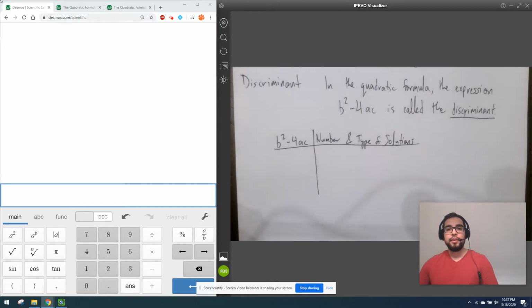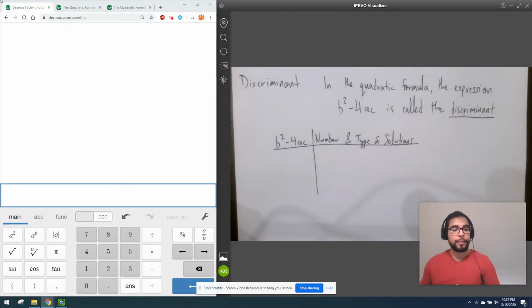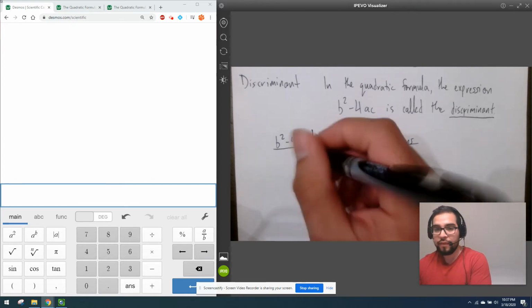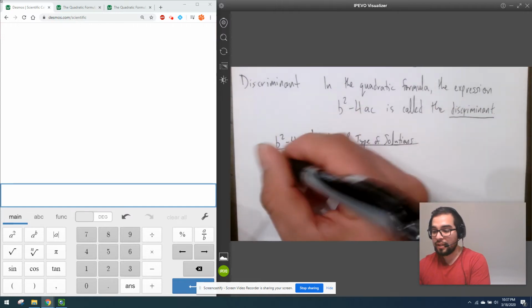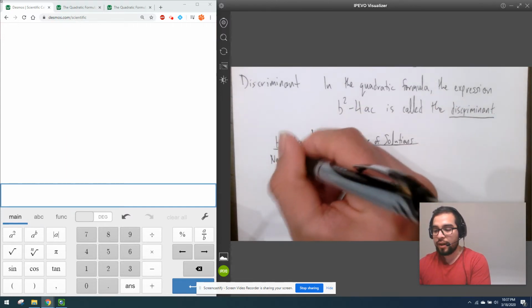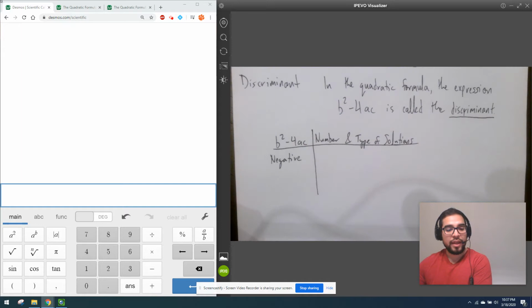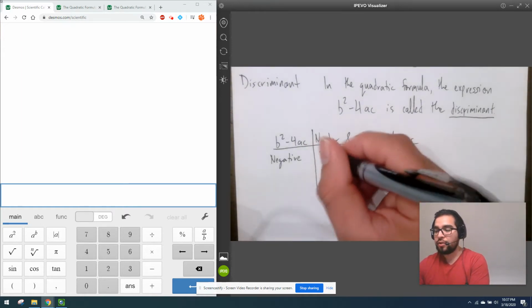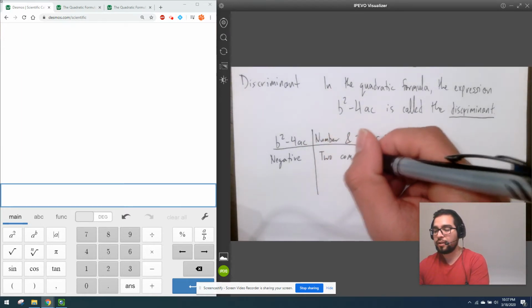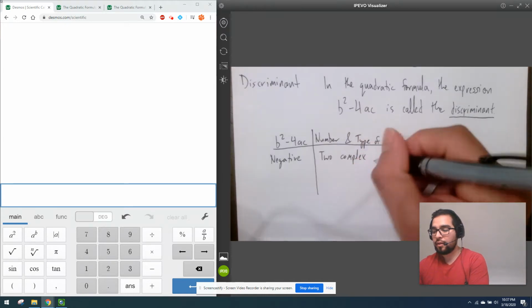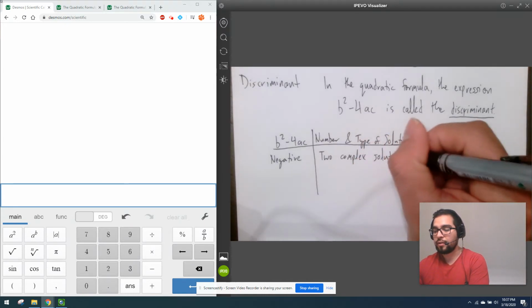Now certain things can be determined based off of the value of this discriminant, this b squared minus 4ac. If this discriminant is negative, then we have two complex solutions.